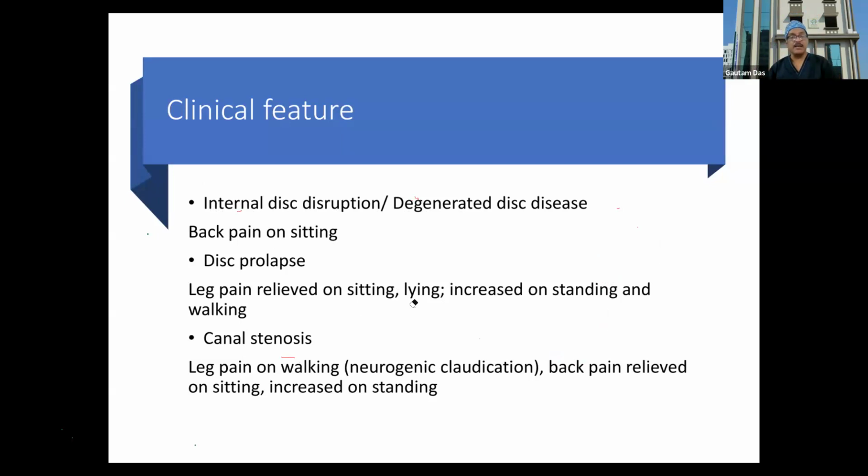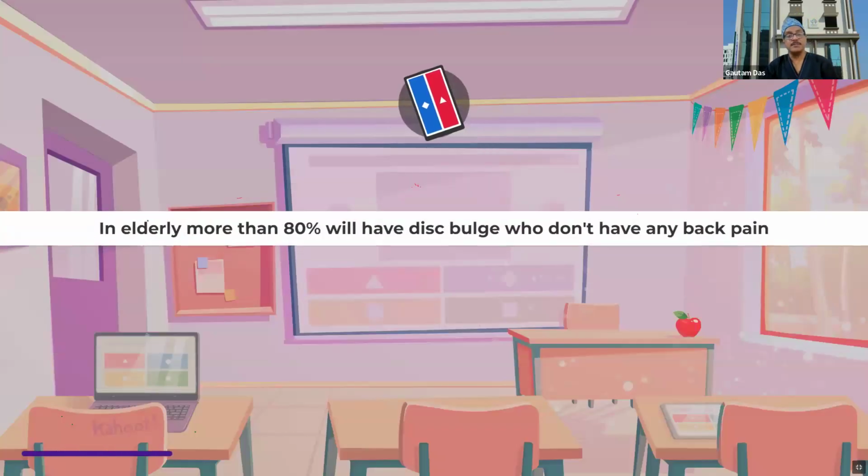Extension of the hip and the knee, particularly the knee extension, causes stretching of the nerve root. That is the reason why the pain will be increased on standing or walking. And in canal stenosis, there are no symptoms on sitting, only pain on walking. That is known as neurogenic claudication. So these are the three different ways a prolapsed disc can present.